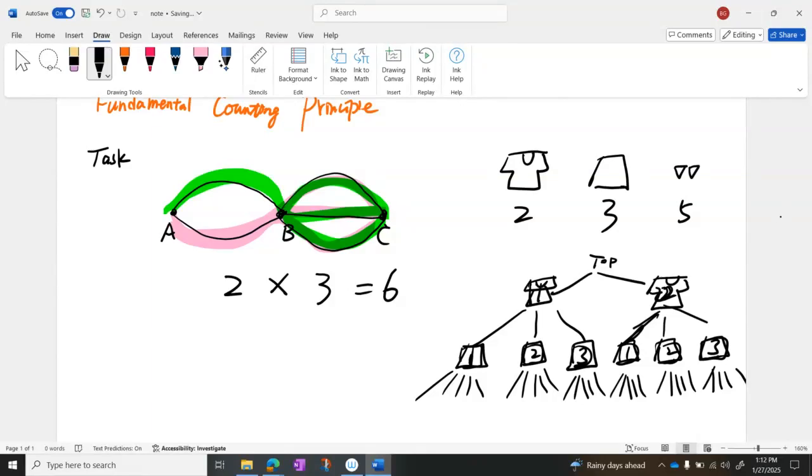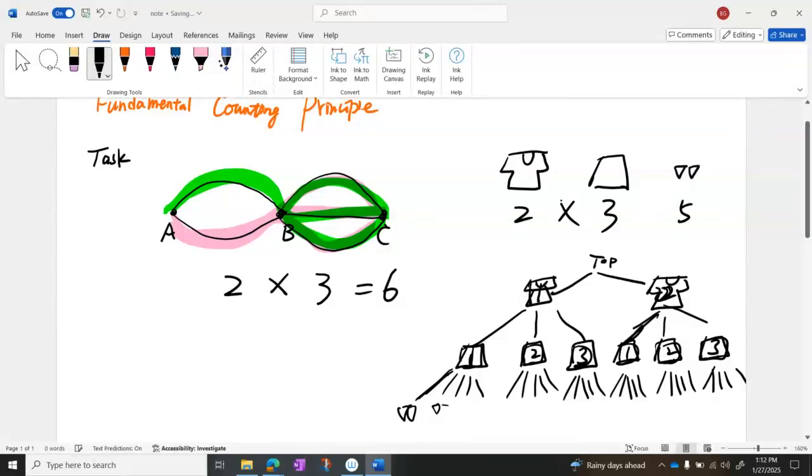And for each of those 6 possibilities, you have 5 pairs of shoes to choose from. So you can wear your first pair or second pair, right? And so in each case you have 5 pairs of shoes. 5 times 6, that gives you 30, guys.